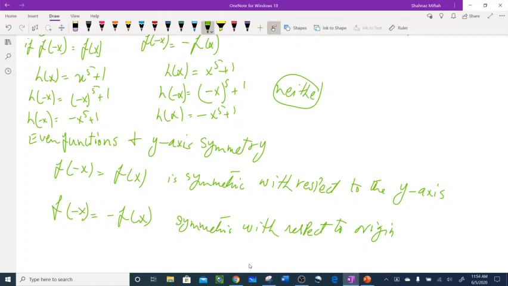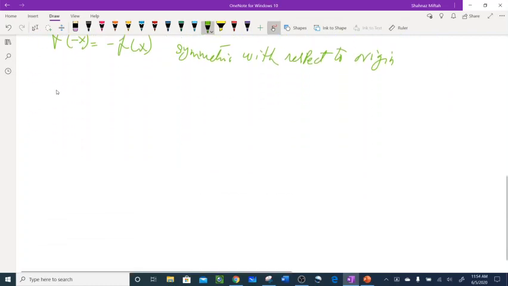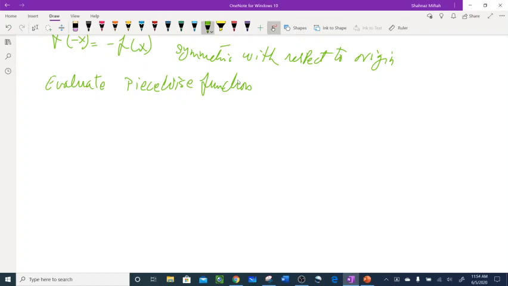Okay, let's try some examples for evaluating piecewise functions. So I have a piecewise function. The question is to evaluate the piecewise function. The function that I have is C of t, and I have that bracket. This is 20, and the restriction for this is 0 ≤ t ≤ 60.